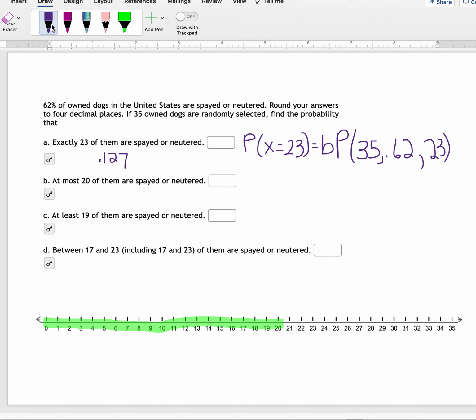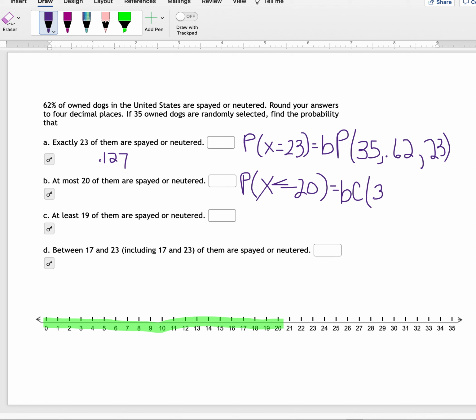And as you know, our binomial PDF function on the calculator, when you put in for the accumulated binomial function, for the binomial CDF, when you put in your value of x, that calculates all the probabilities that x is 0, all the way up to that value you put in for x. So when we look for the probability that x is less than or equal to 20, we're going to do binomial CDF. So I'm going to put a C here for CDF.